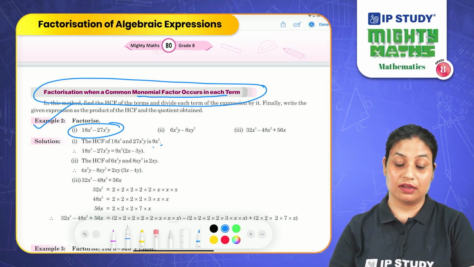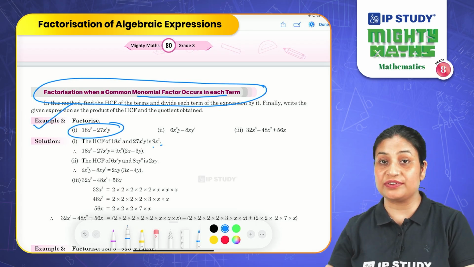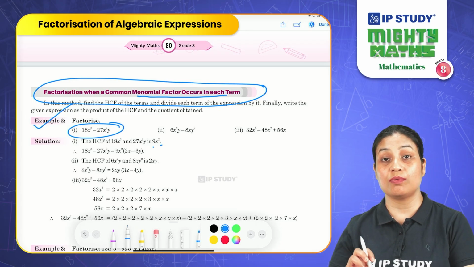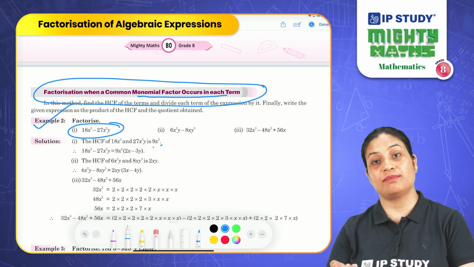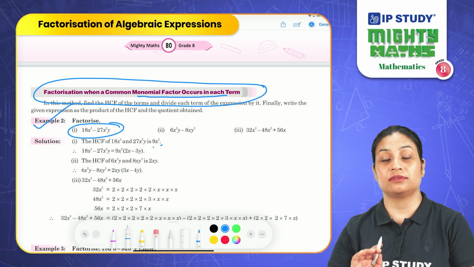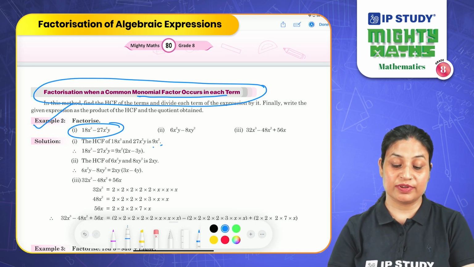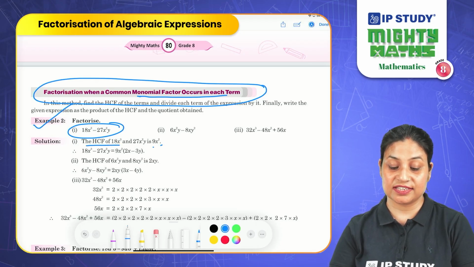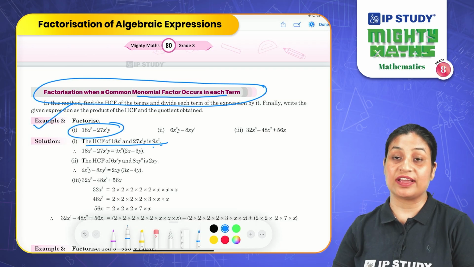First of all, whenever you are supposed to factorize an algebraic expression having a common monomial, in that case, find out the HCF of the monomials that you are going to subtract or add in a given expression. So, here since we have two monomials and they are getting subtracted, what you will do, you will find out HCF of 18x cube and 27x square y over here.